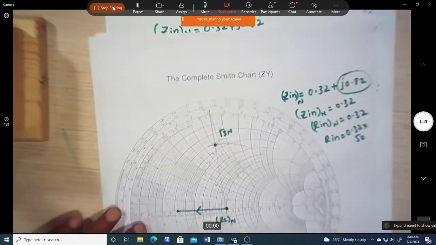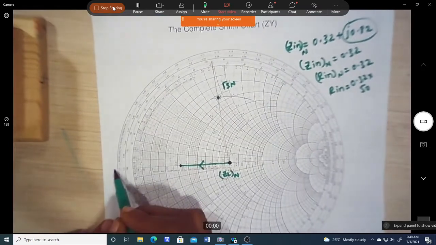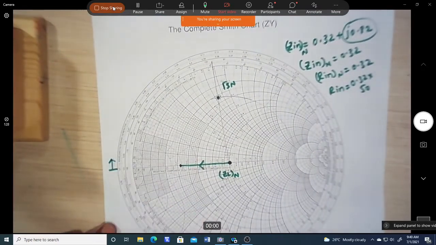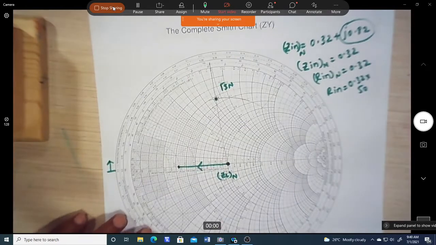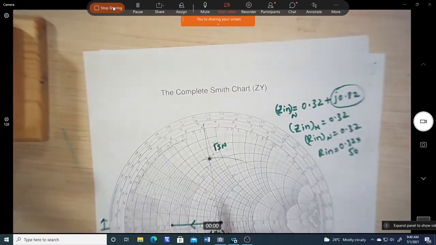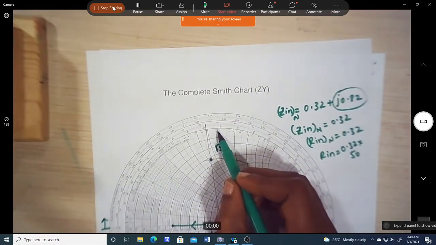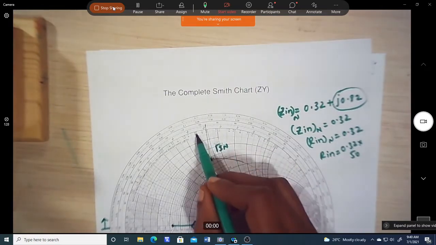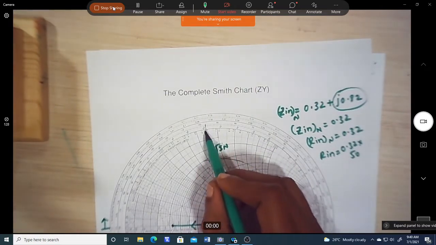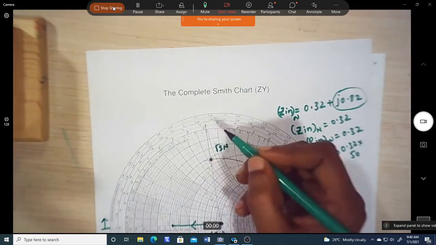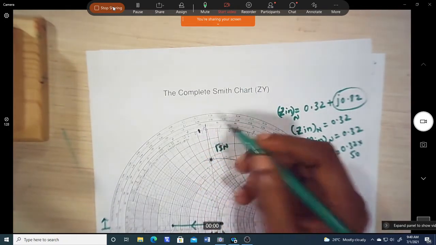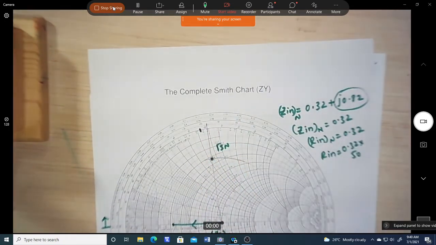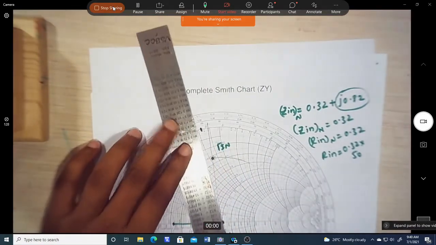The short circuit point is here, and we need to find 0.82 j. You can see here it is 1, 0.8 is here and 0.9 is here, so somewhere here is 0.82. That is where we get the length of the stub.